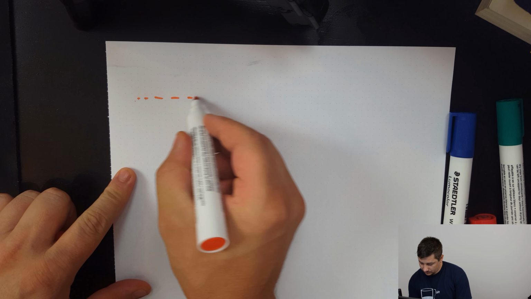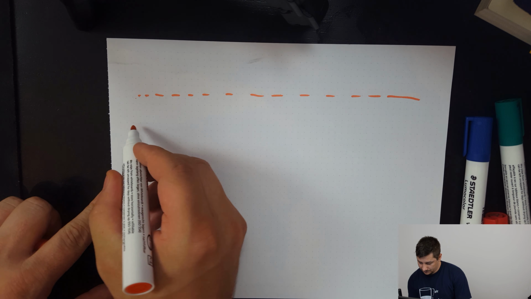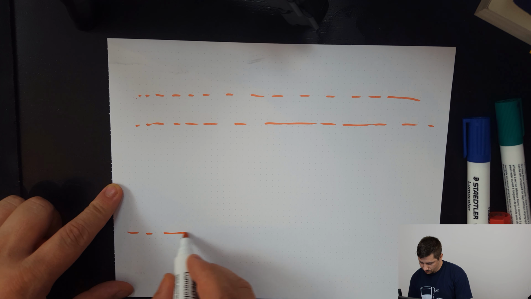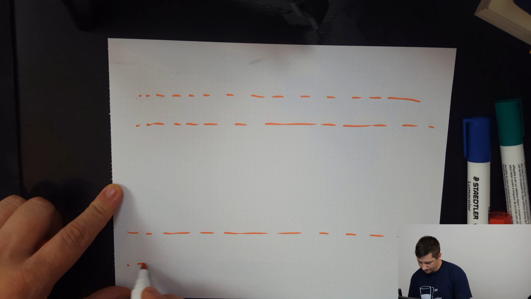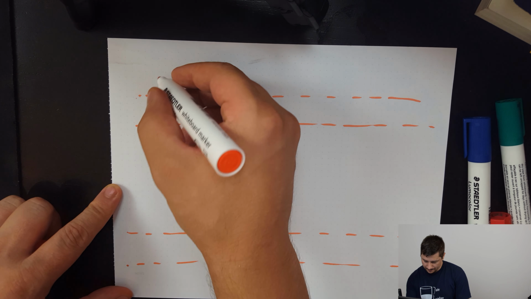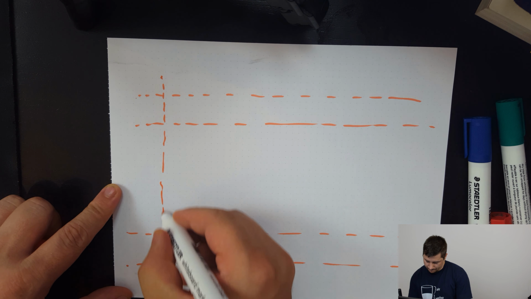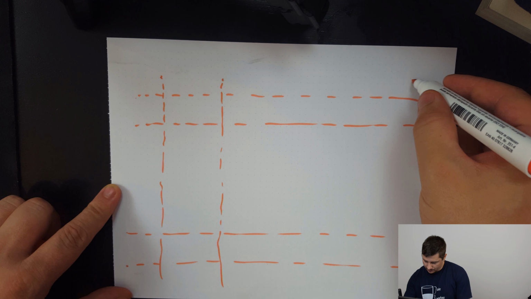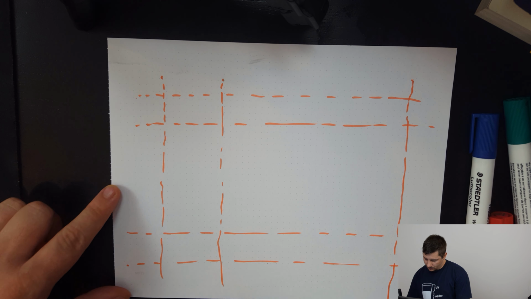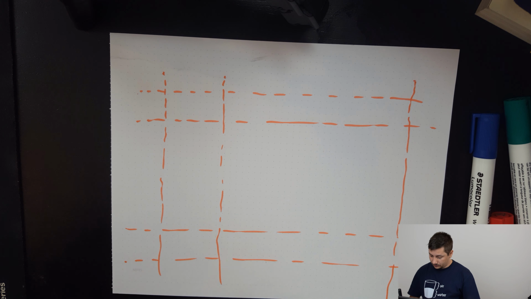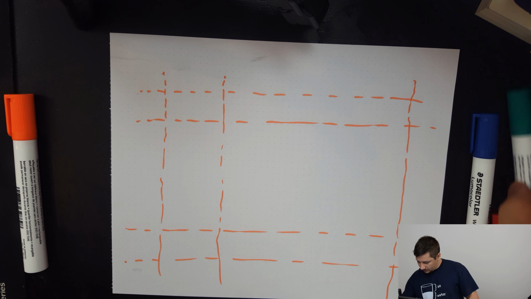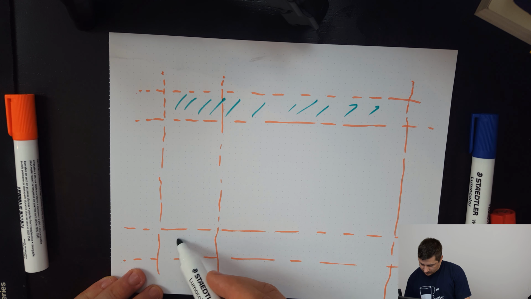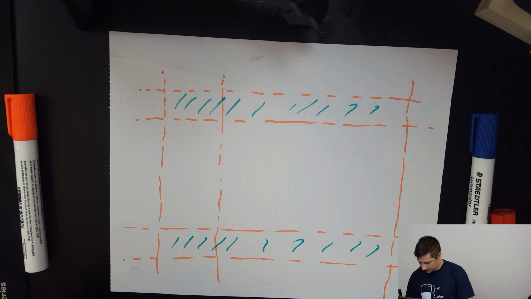So we'll do the same, but this time with dotted lines, which go all the way from up to down and from left to right, and then this area over here, and this area over here, just like that.